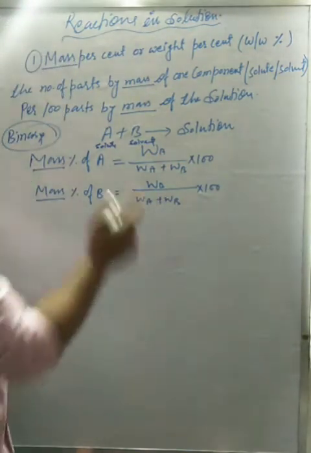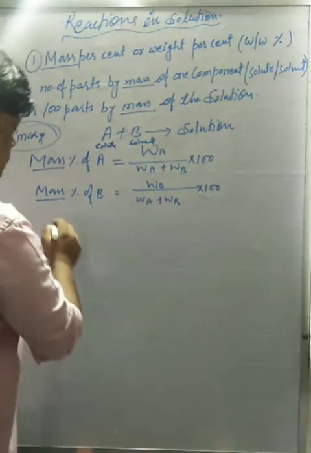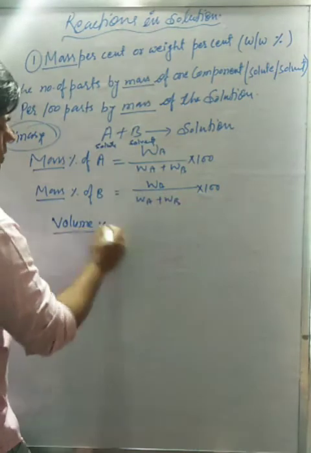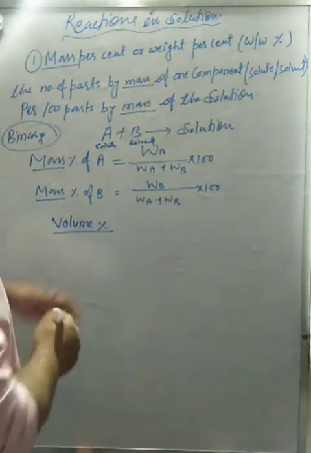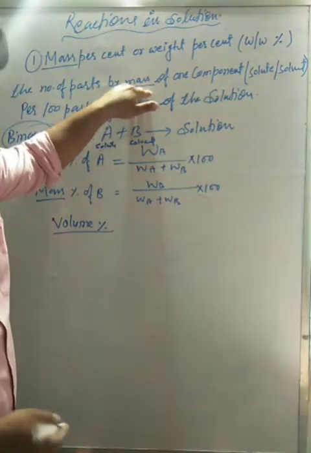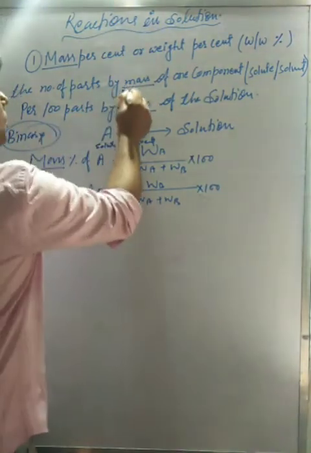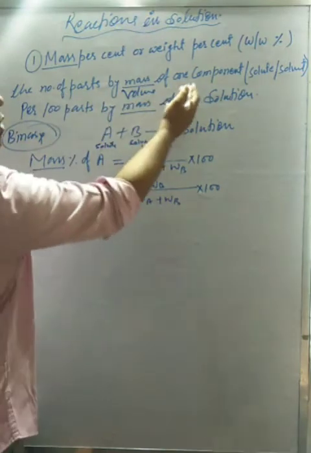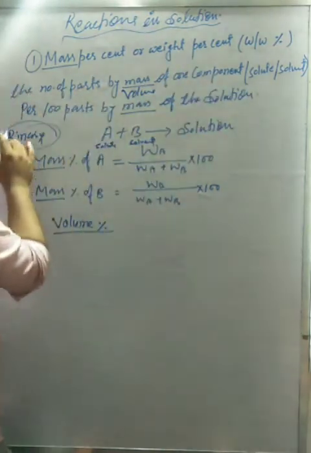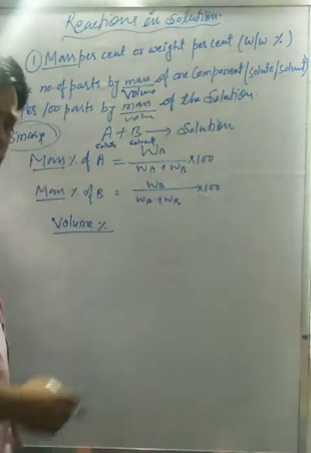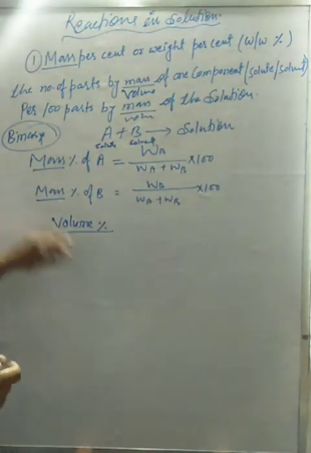You may also calculate volume percent. For volume percent, the total number of parts by volume, instead of mass it will be volume. The total number of parts by volume of one component, solute or solvent, per 100 parts of volume of solution. That is called volume percent.